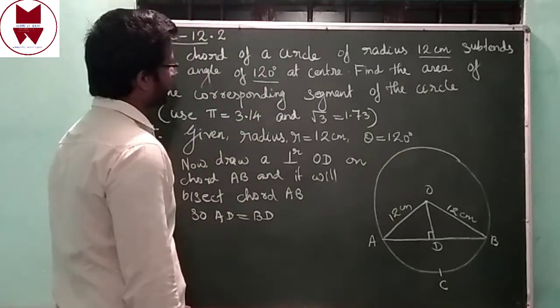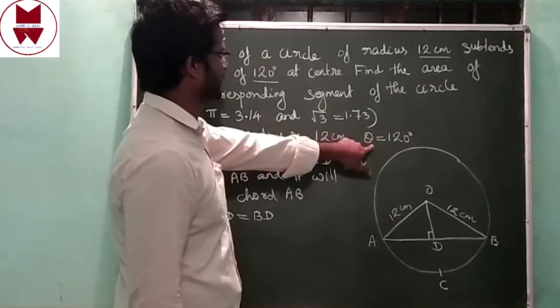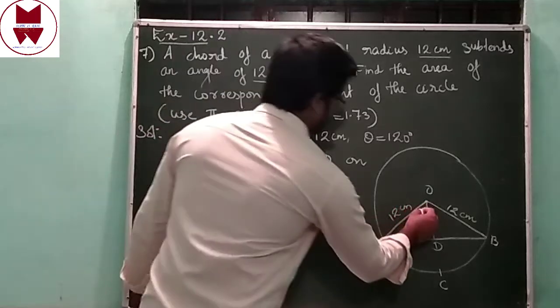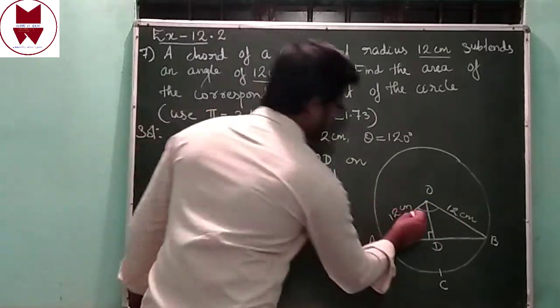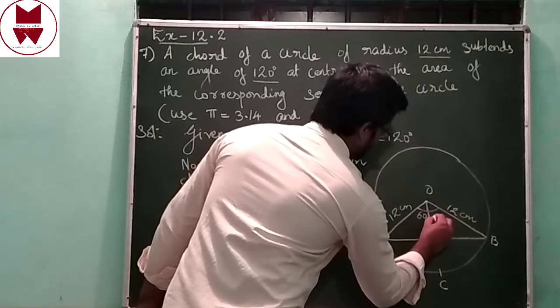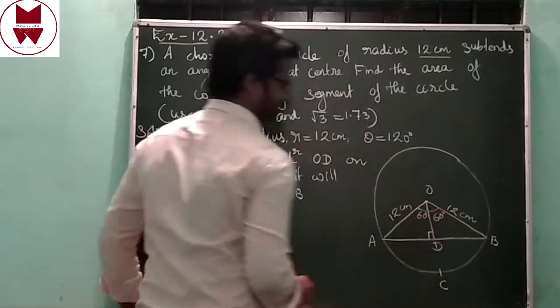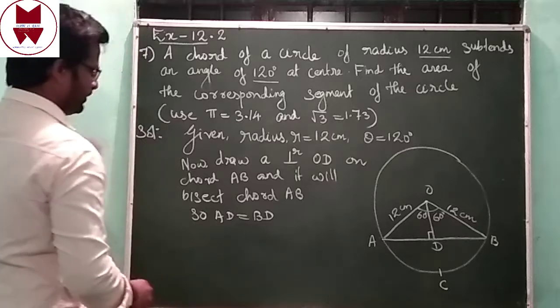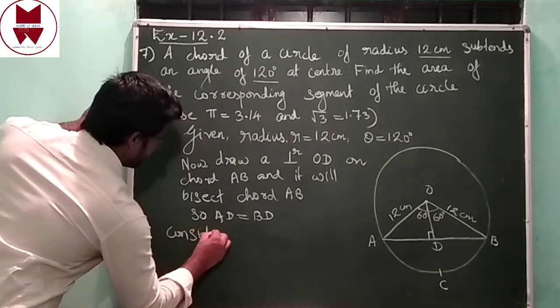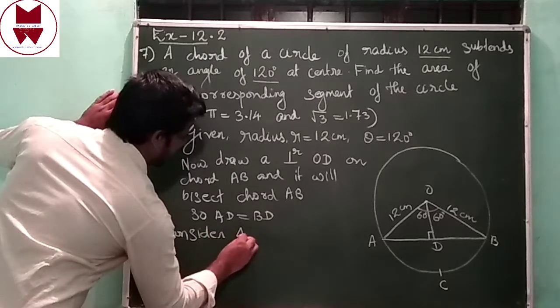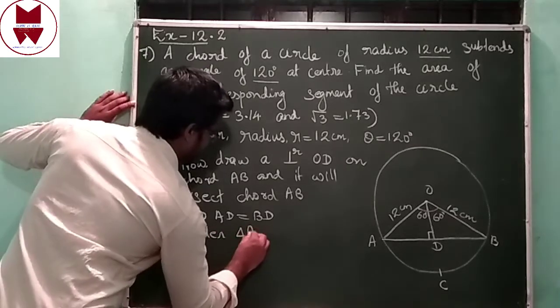Now we can see one angle is also given. Angle theta is 120 degree, that is, this total angle is 120. If you bisect, this part will be 60 and here also 60. Then consider triangle AOD.